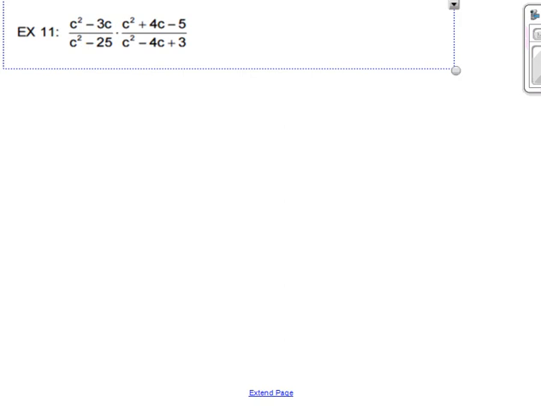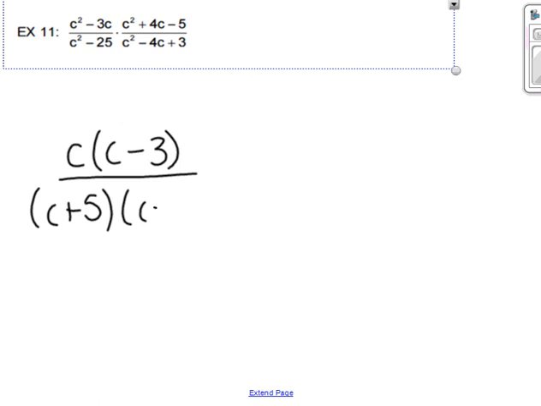Okay, so now we just get more complicated. On the numerator of the first one, I can factor a c out, so I'm left with c minus 3. And the denominator factors to c plus 5, c minus 5.